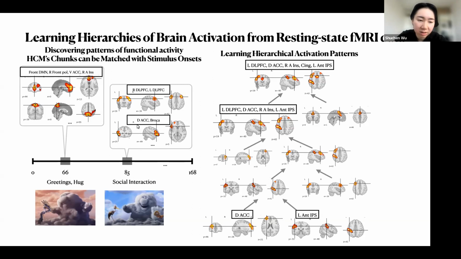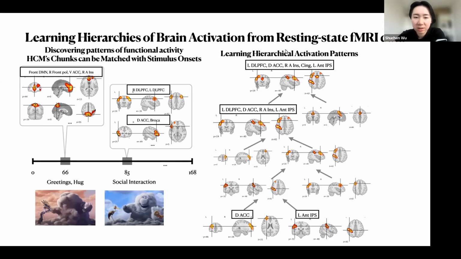And the dorsal anterior cingulate cortex and Broca's area activate when subjects are having a conversation. So basically we found some neural evidence on the meaning of these chunks that HCM discovered.